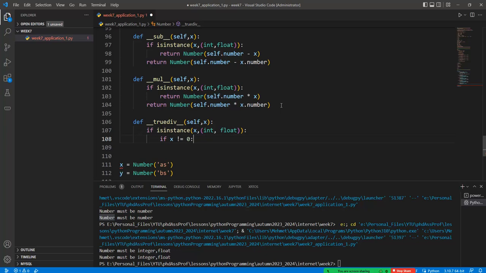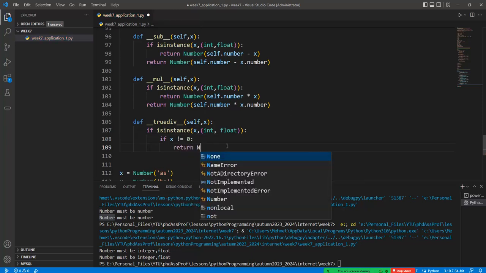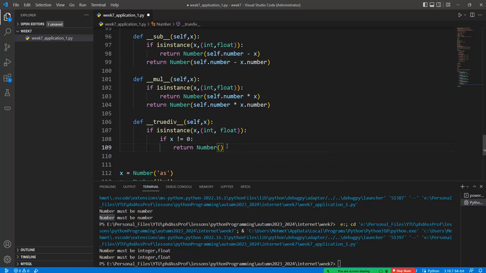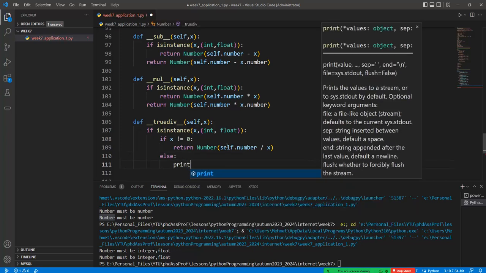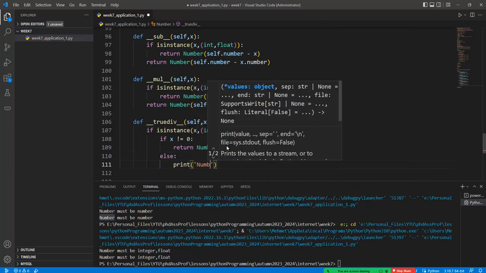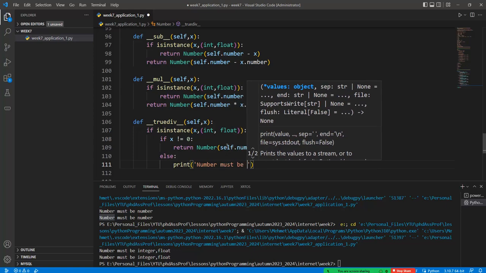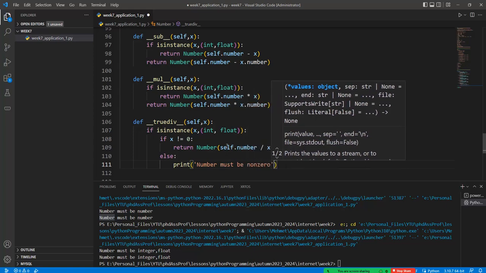This is the error case for maths. So if x is not equal to 0, then we can return self number divided by x. Else we should print: number must be non-zero value.